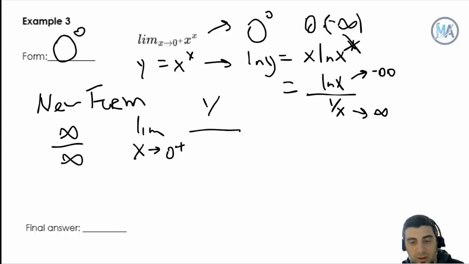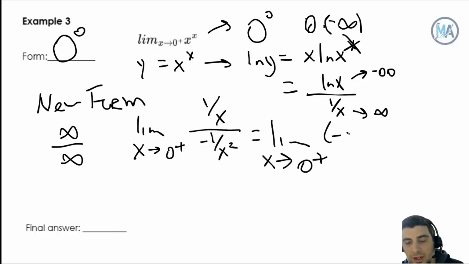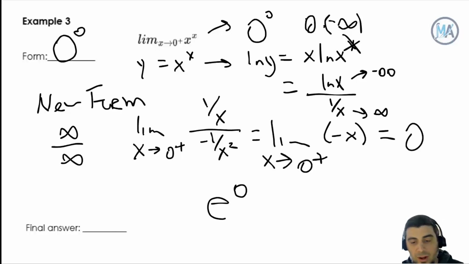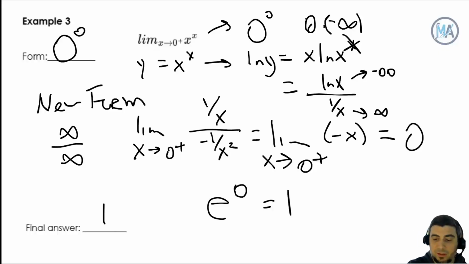The derivative of the numerator is 1 over x, the denominator negative 1 over x squared. Simplify that, you would have just negative x, and that limit is equal to 0. Now, again, we have to exponentiate our final answer because we natural logged the original problem. So e to the 0 is just 1. That is our final answer.